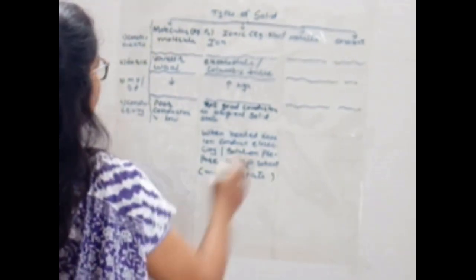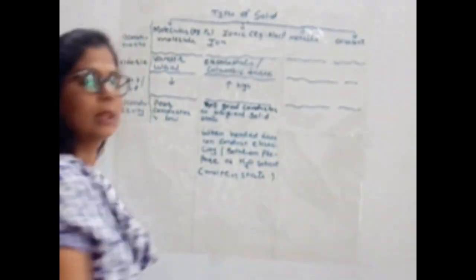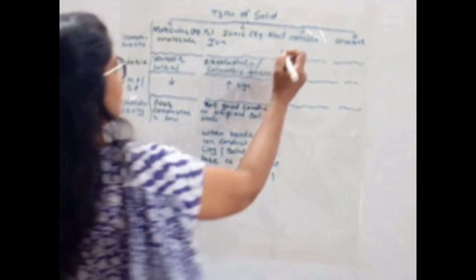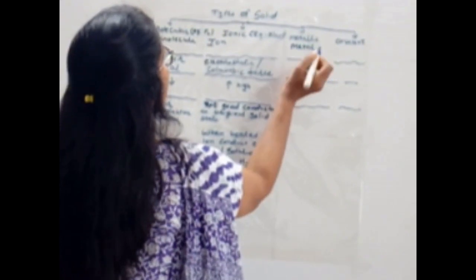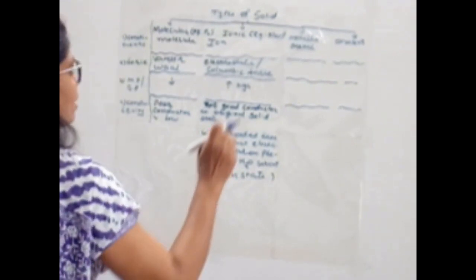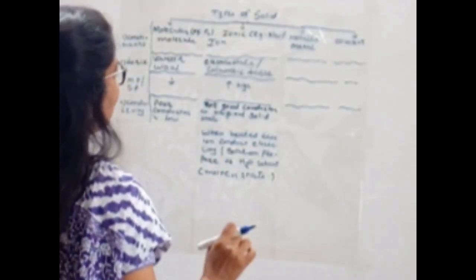So here metallic, the word itself says what type of solid this will be, and what the constituent particle can be? Correct, the constituent particle is metal. It is a metal, so that's why it is known as metallic solid.